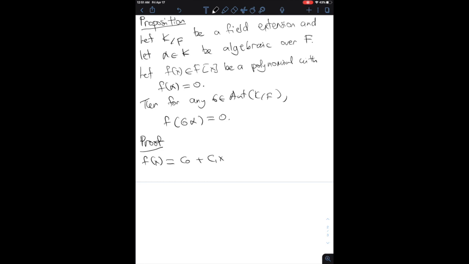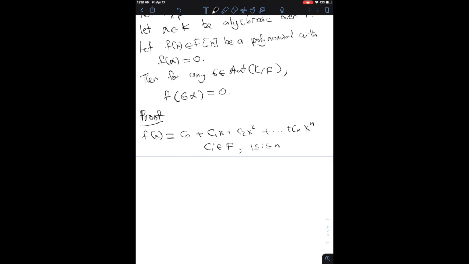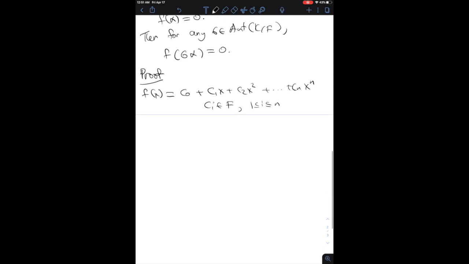Okay, so this is very easy from the definitions. So let's write out our polynomial f(x) equals c0 plus c1 x plus c2 x squared plus up to cn x^n, where the coefficients all lie in F. Okay, so we know that f(alpha) equals 0, and we want to see what happens when we apply the automorphism to alpha.